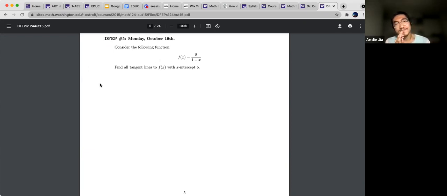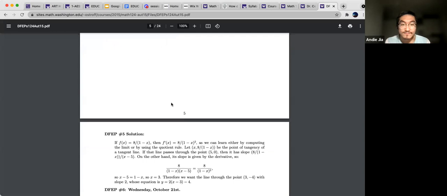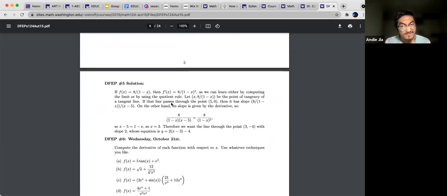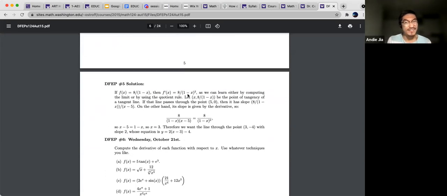No, this is not a limit. The tangent line is the derivative. Then you need to find the f prime of x. It is 8 over (1 minus x) squared. And then the point of tangency of the tangent line.